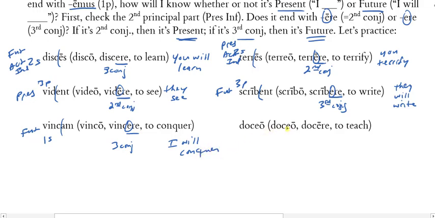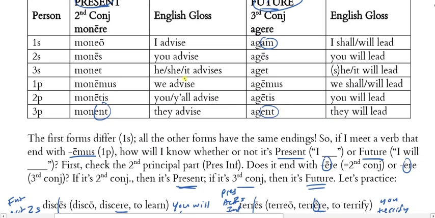And let's compare this with doceo. All right? Second principal part has the long e before re. Docere. So this is what conjugation? Second conjugation. And what is the o of doceo on second conjugation? Like moneo, there it is.